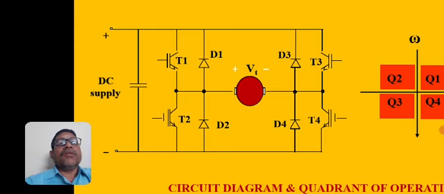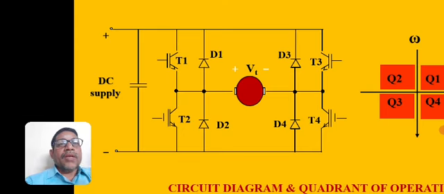In the center, the red circle is the armature, and Vt is the terminal voltage across the armature. This is a DC shunt motor, whereas the field winding of the DC shunt motor is not shown here.